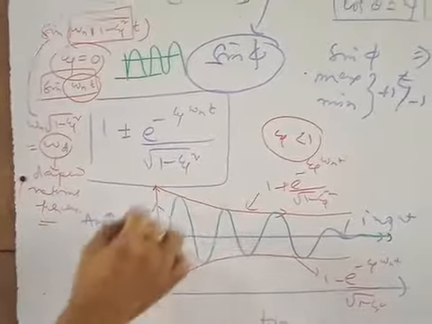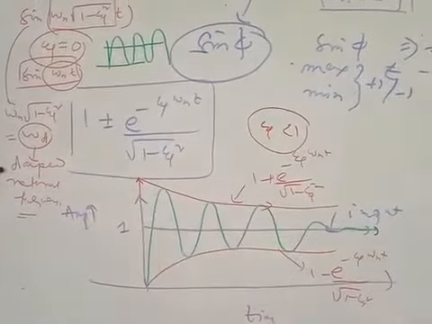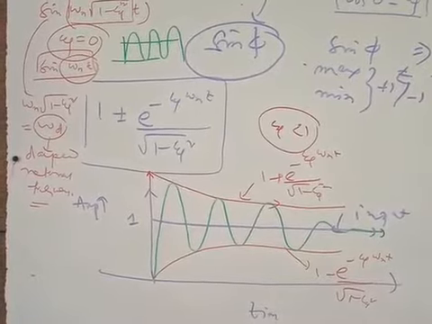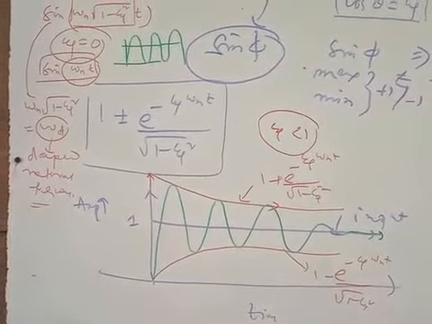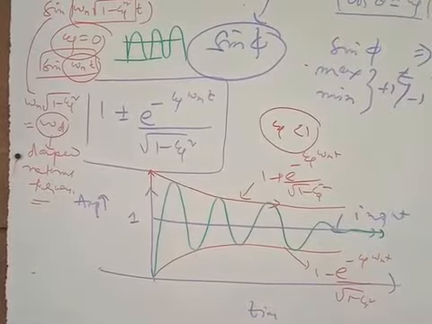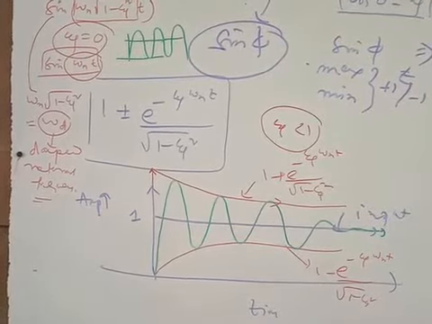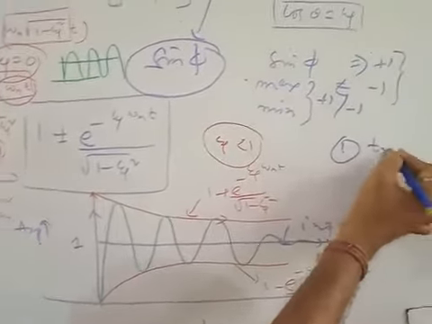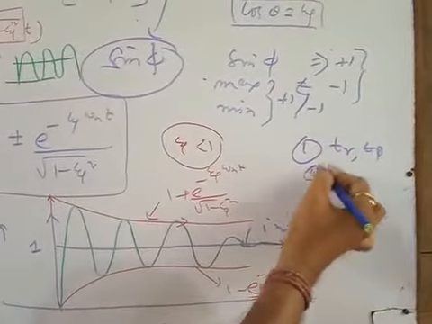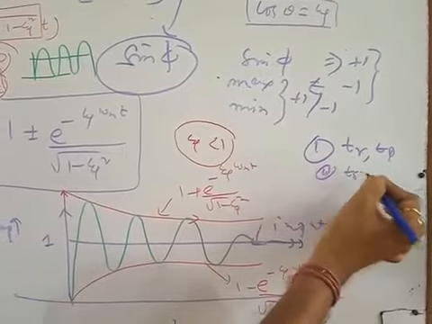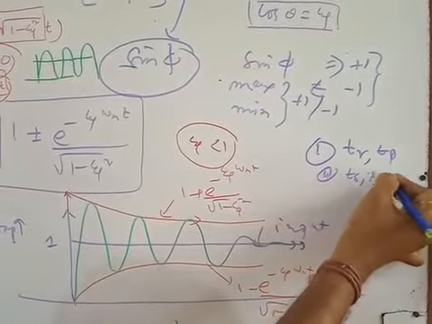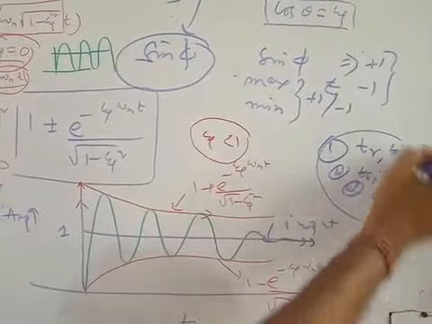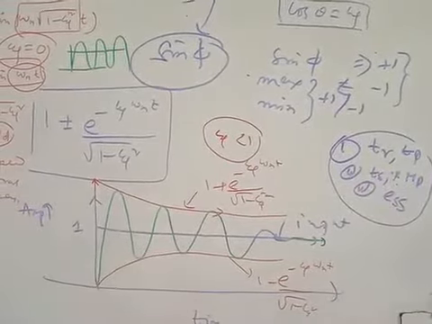And once you get the responses like this, you can find out the steady state response characteristics and transient response characteristics, which are normally known as the time domain parameters, that is, the defined values of the time domain parameters. Already we have discussed Tr, Tp, you can get Ts, percentage peak overshoot, and ess. These are the 5 factors we have to find out from the nature of this graph, right?